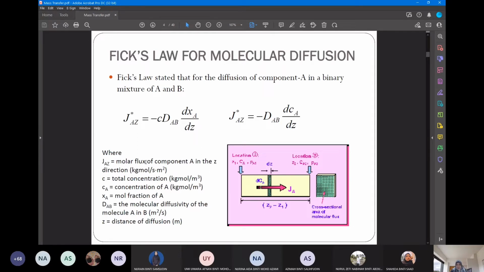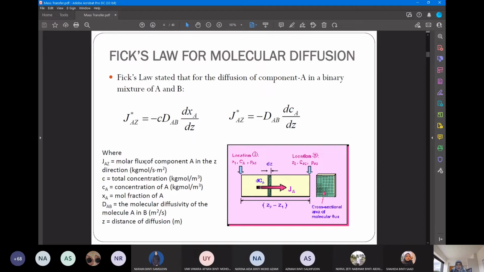Let me explain a little bit regarding flux. I believe that you have learned about magnets and electricity in your physics subject during SPM level. When you talk about electricity, you can calculate the current.